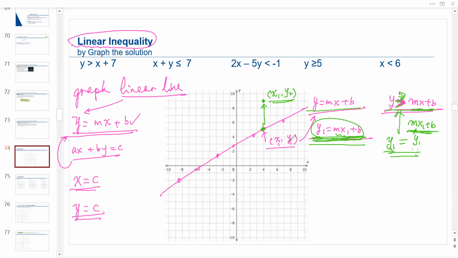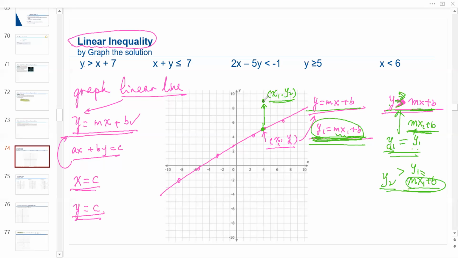So y2 is actually greater than y1, right? Okay, so this is y2, y equals y2, right? What about this one, mx1 plus b? This one equals y1. y2 is greater than y1, right?